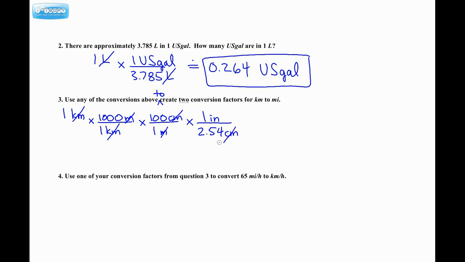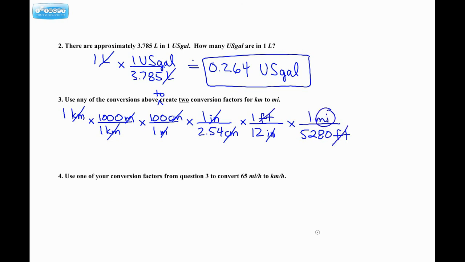Okay, so in this step here, I've now jumped systems. So I'm now in the imperial. So from inches, I can go towards miles by first going to feet. There's 12 inches in a foot. So my inches cancel. And then finally I can go to miles, because I know that there are 5,280 feet in every mile. So those cancel.